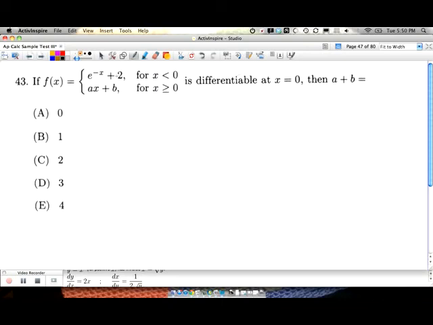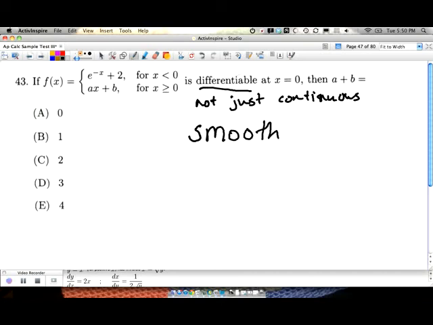If f of x is e to the negative x plus 2 is differentiable at x equals 0, then a plus b is... If this is differentiable, that's not just continuous. It's also smooth.